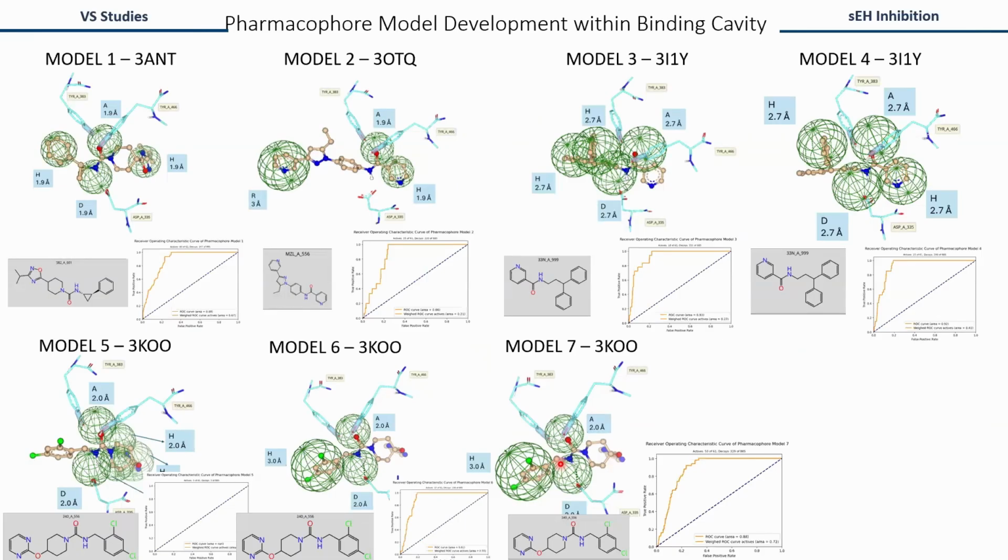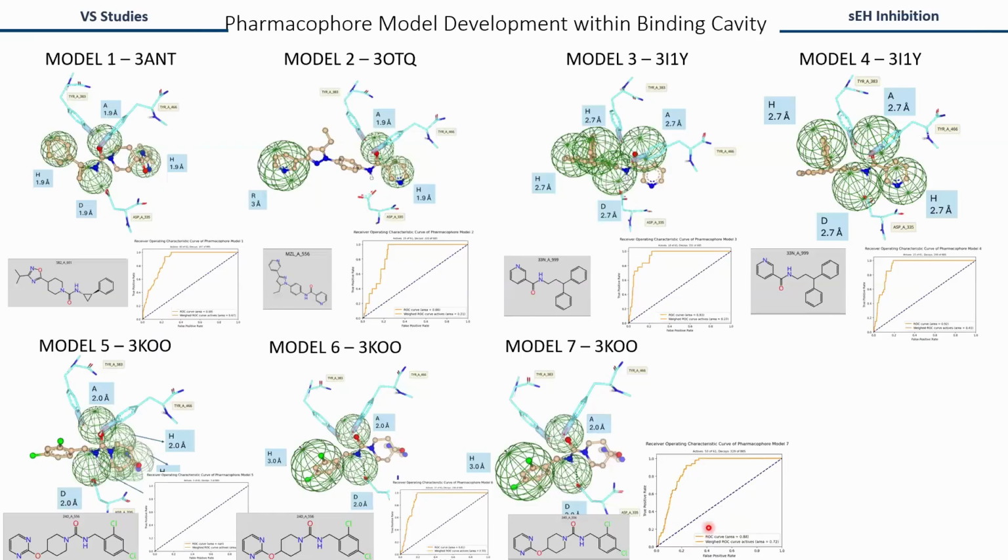When we developed these different models, we were able to reach very high area under the curve values, and we decided that we could use them in a virtual screening campaign at the trillion scale. The pharmacophore models also helped us screen the library even faster than directly using docking.